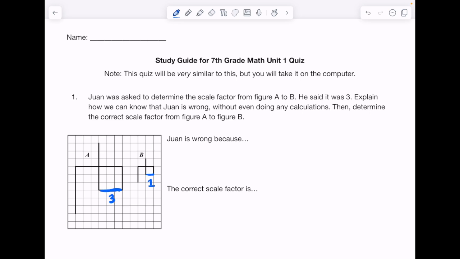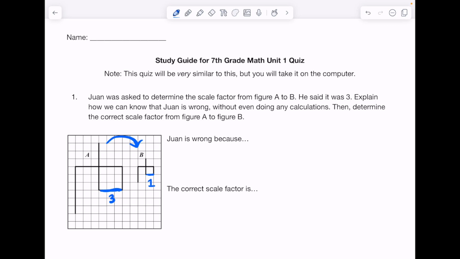So the core thing that we have to recognize, how I can immediately look at this and know that Juan is wrong, is because from A to B, and that's the direction they're asking us about, the shape is getting smaller. We have a scale copy that's smaller than the original. And anytime our scaled copy is smaller than the original, then we know that the scale factor has to be in between 0 and 1.